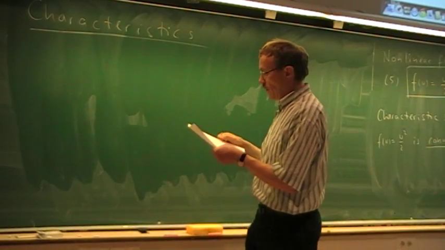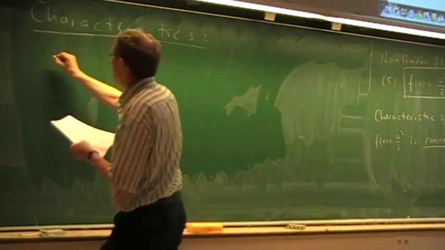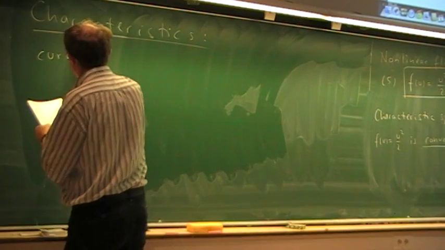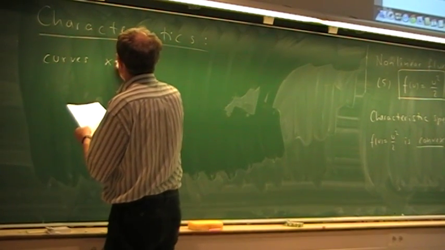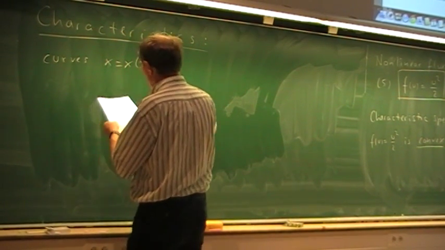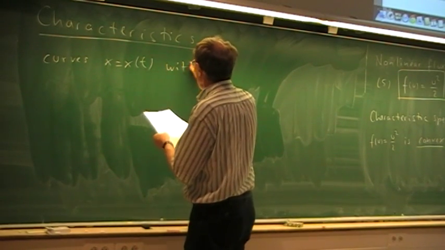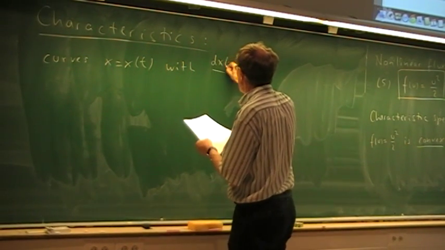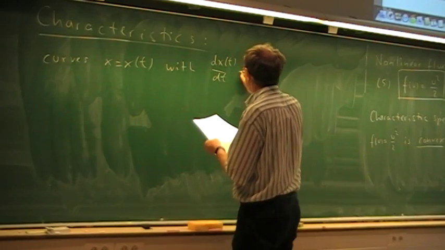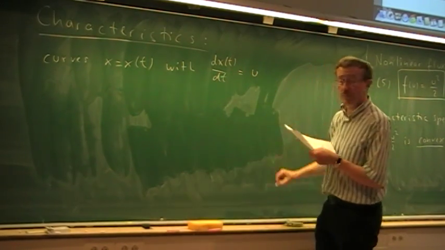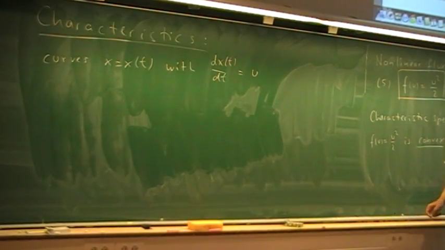They are the curves x as a function of t with the slope dx of t dt is equal to u, the characteristic speed, which is u for the inviscid Burgers equation.